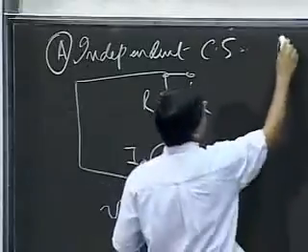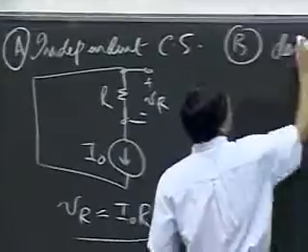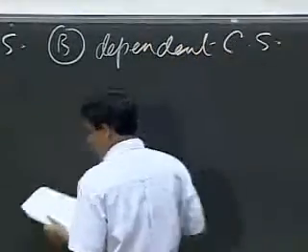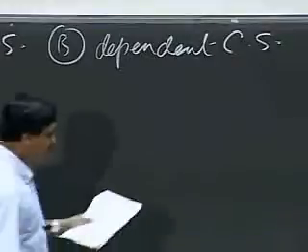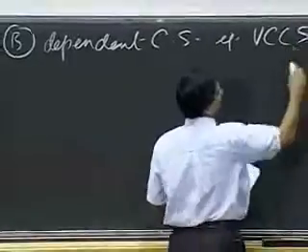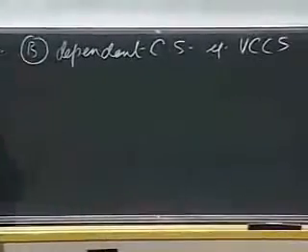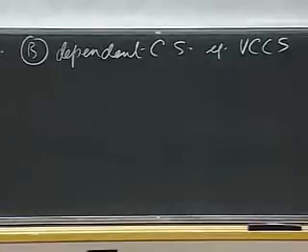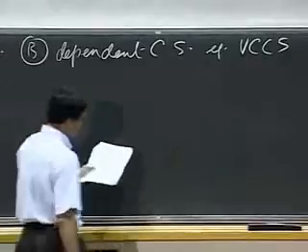Correspondingly, I can do an example with a dependent current source. As an example, I'll use a voltage-controlled current source, a dependent current source whose output current depends on the voltage applied at its control port. So let me build a little circuit.